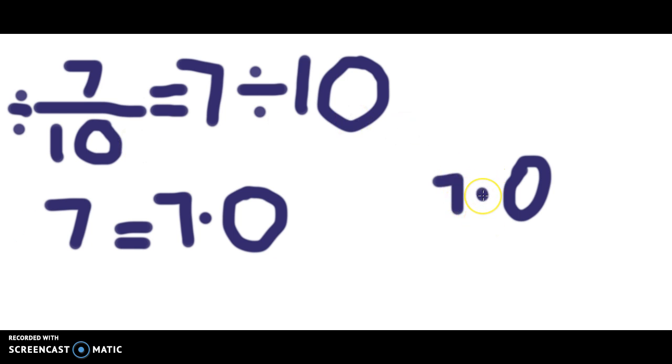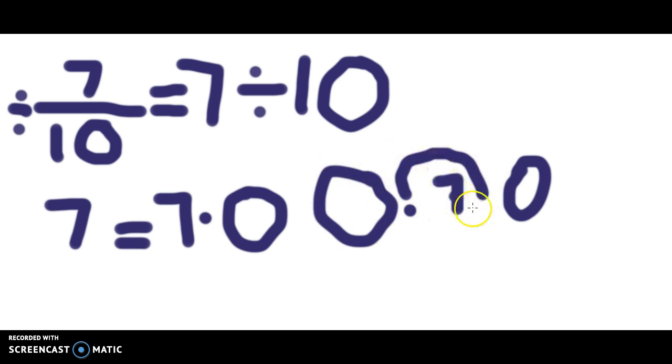If you were doing 7.0 divided by 10, you would move it one decimal place to the left, and that is where your decimal point would go. And then you would write 0.7.